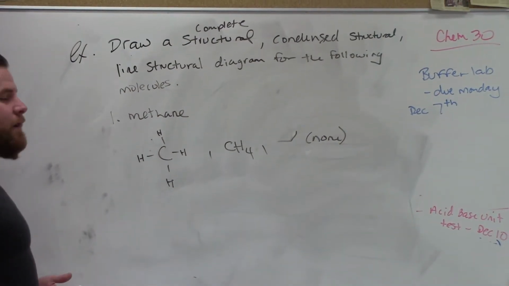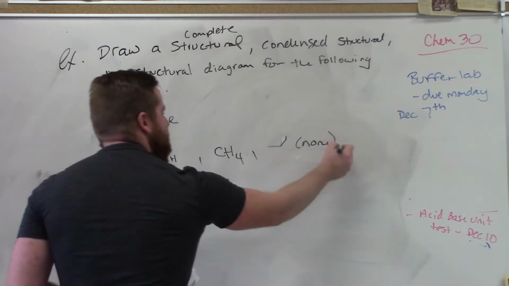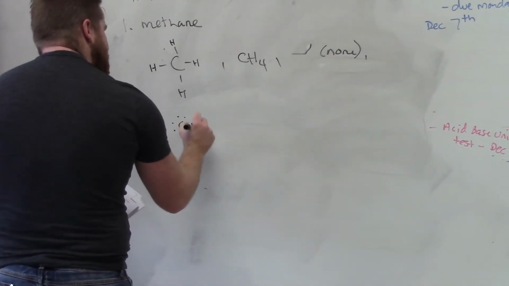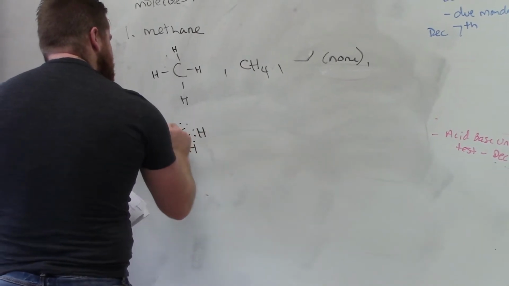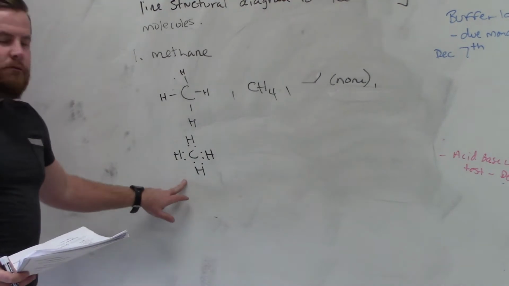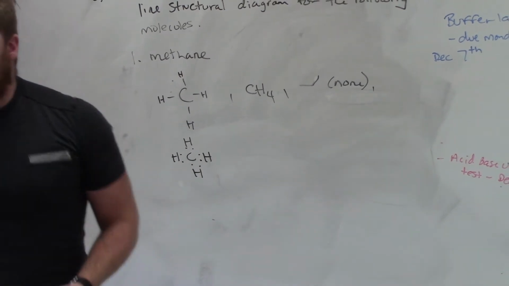Now, if we had a Lewis dot diagram, you have to be able to do that as well. Right, a Lewis dot, now this is straight from Chem 20. A Lewis dot diagram looks like that, right? Now you also need to be able to do molecular models. So I'm just going to pull the camera over this way.